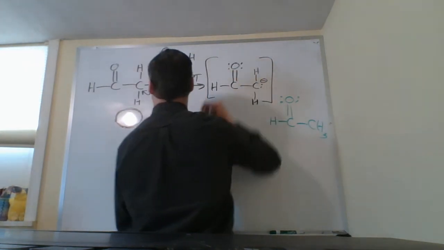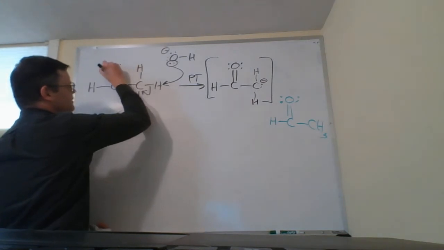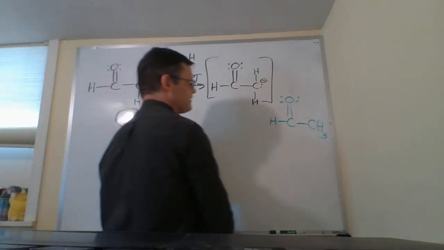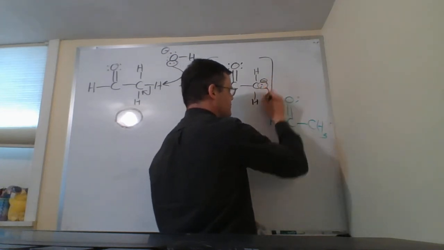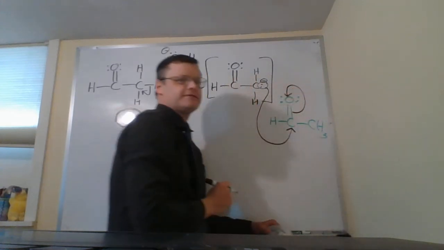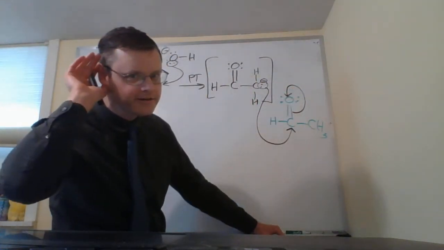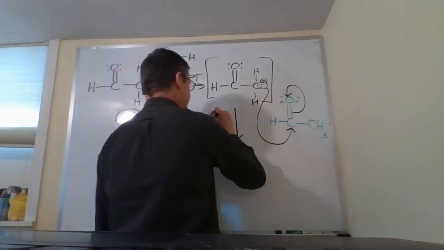We like to keep track of our electrons in mechanisms, because we're moving electrons around. All right, next step. We've got a nucleophile. We have an electrophile. We're going to do this. And what do we call this? That's right. It's a nucleophilic addition.